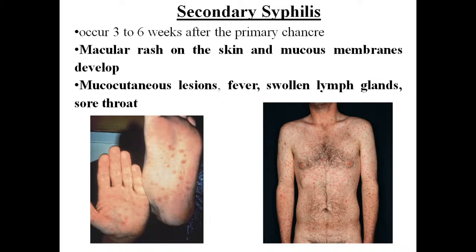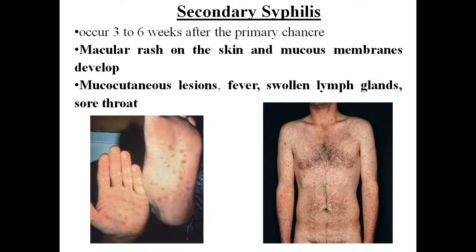The first and the main clinical symptom of secondary syphilis is a macular rash. It occurs on the skin, look here, and in this patient, or mucosal membranes.